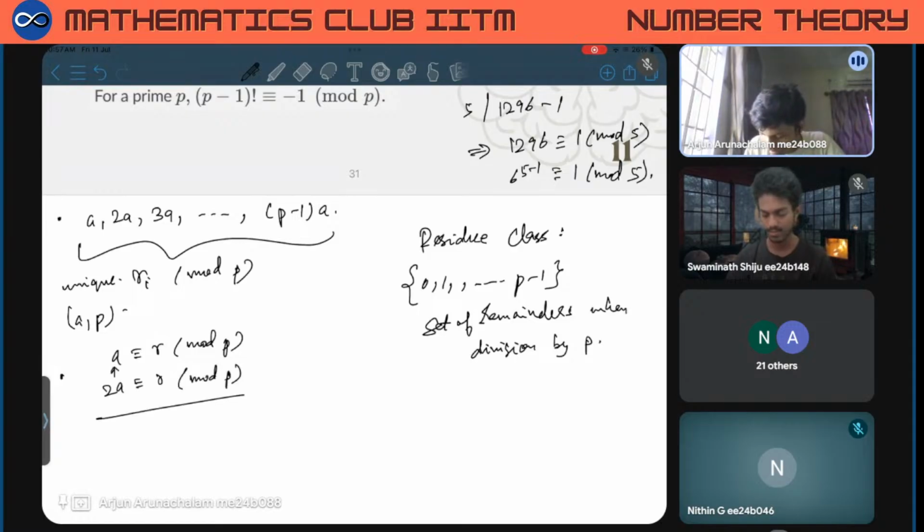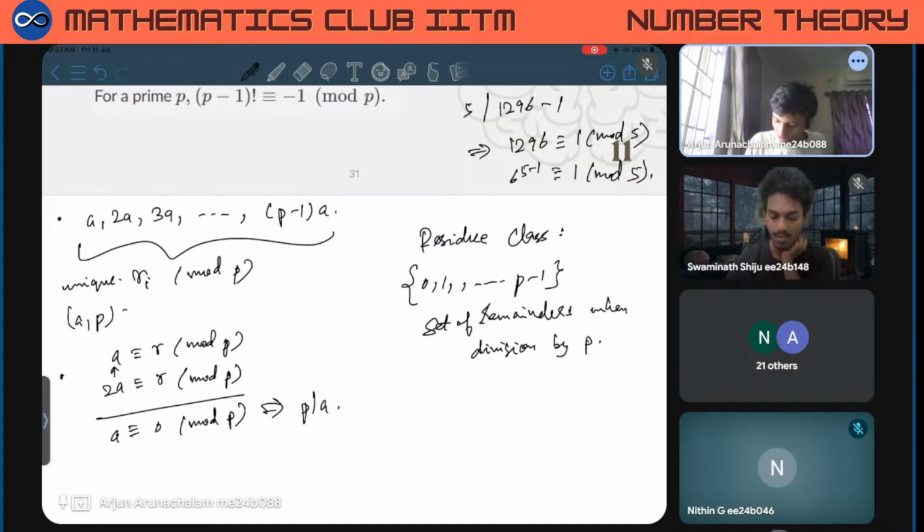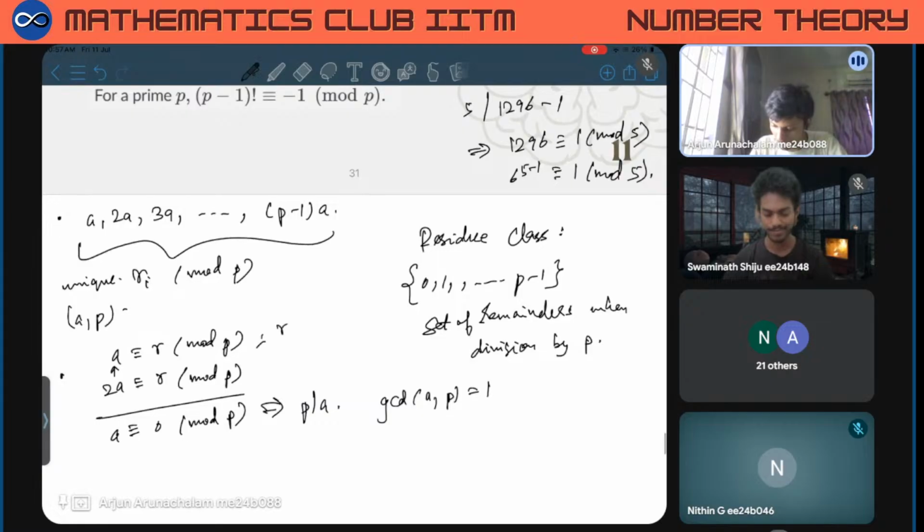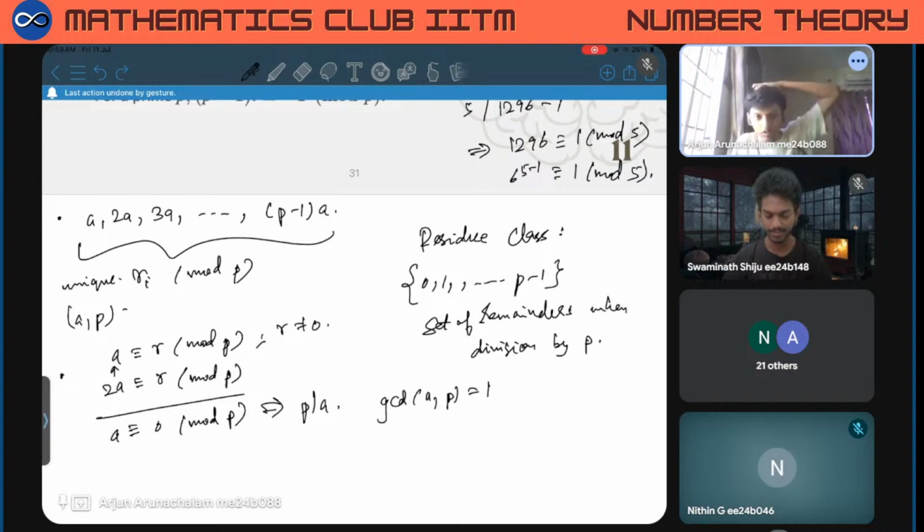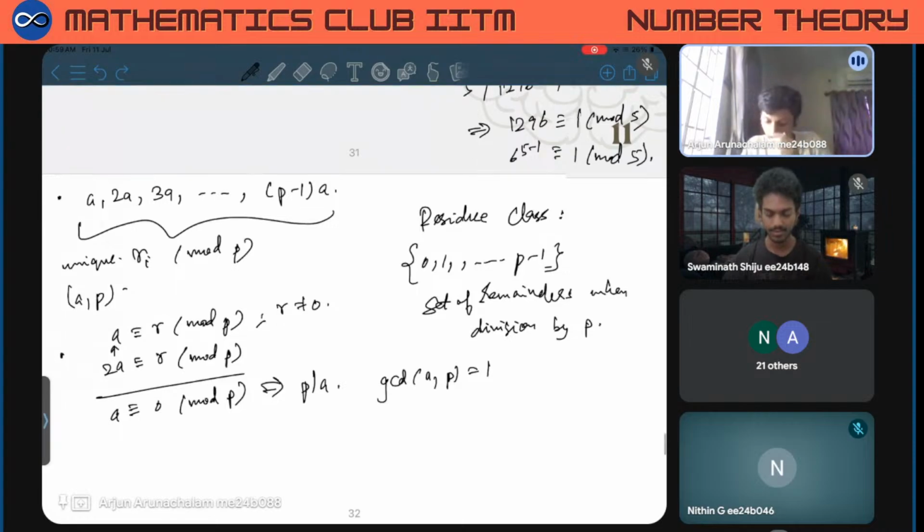You can subtract this, so you get that a is congruent to 0 mod p. This is not possible because it implies that p divides a, which contradicts our assumption that GCD of a comma p is 1. Even if r here is not 0, it still implies that p divides a, which is just not possible.